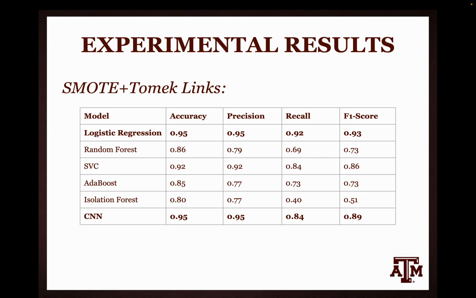Therefore, we are doing undersampling. So Tomek link is like a data cleaning technique which focuses on eliminating borderline instances that cause ambiguity. Using this technique, we got a highest accuracy of 95% for both CNN and logistic regression, followed by SVC, which got an accuracy of 92%.